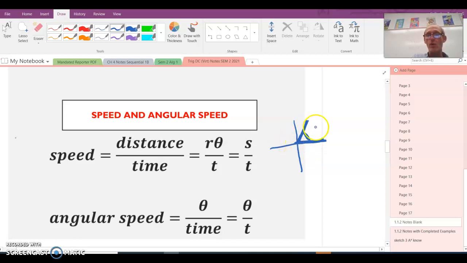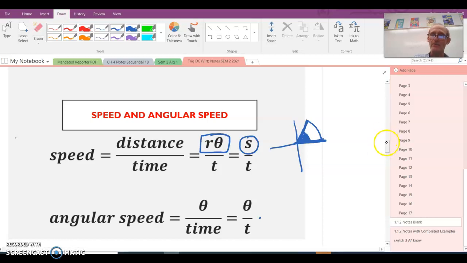The question is, how fast is the angle changing? That's the angular speed over time. And how fast is it moving? What is the length of the arc over time? So S, remember from the last example, is r times theta. Those two formulas are a big deal.